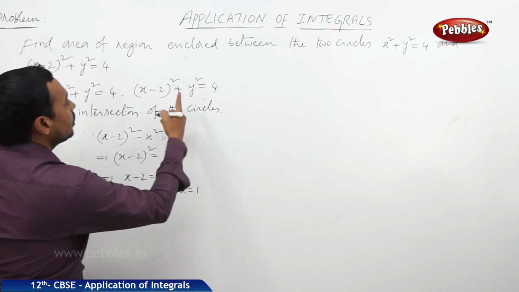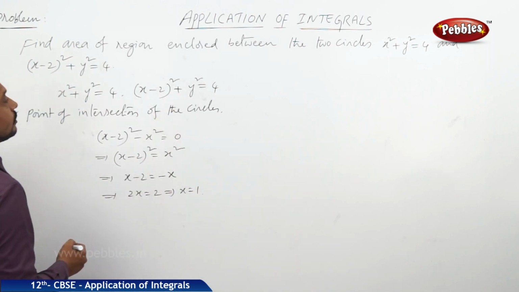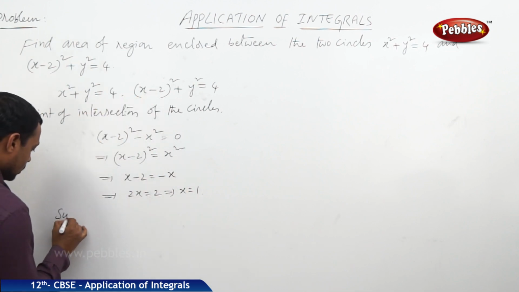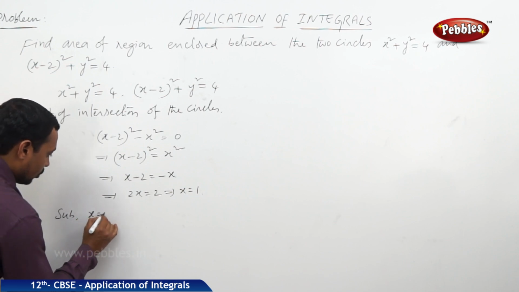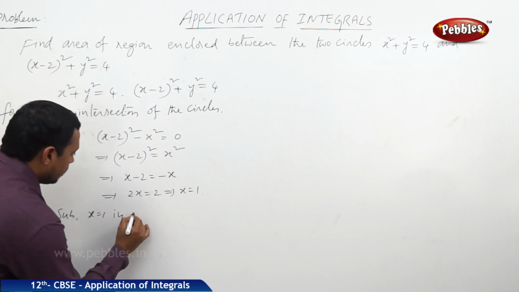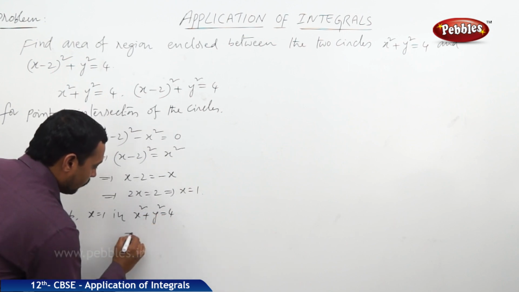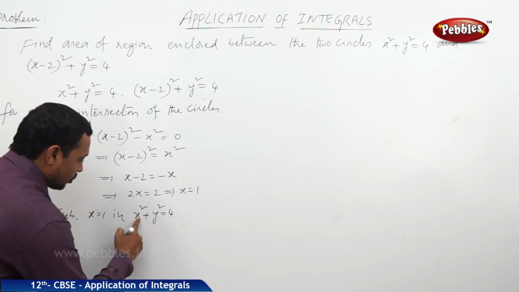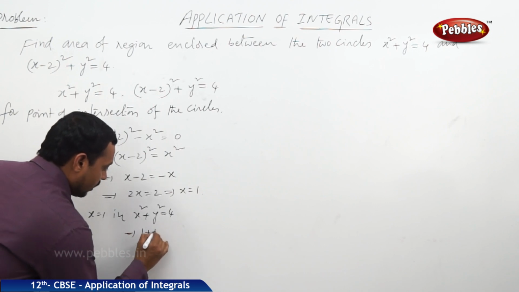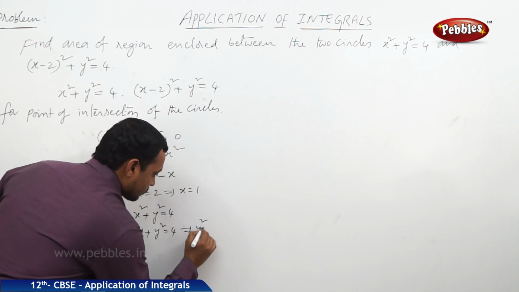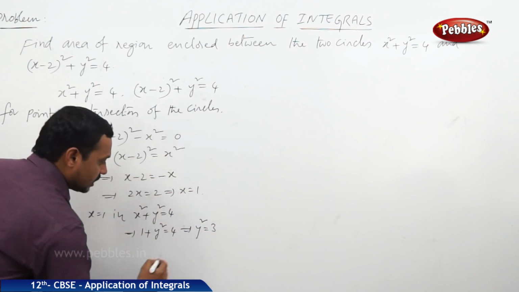When x is equal to 1, what are the values of y? Substitute in any of these two curves. Substituting x is equal to 1 in x square plus y square is equal to 4, we get 1 square, 1, plus y square is equal to 4. Therefore, y square is equal to 4 minus 1, 3.